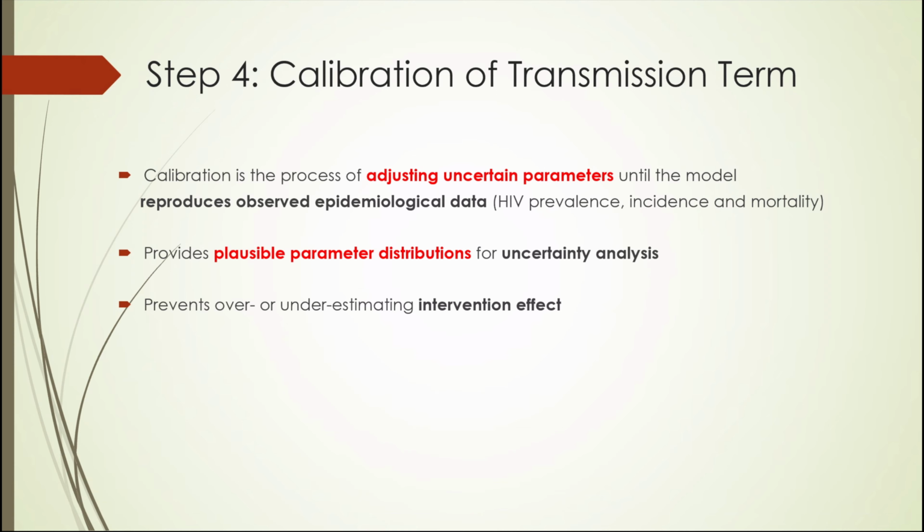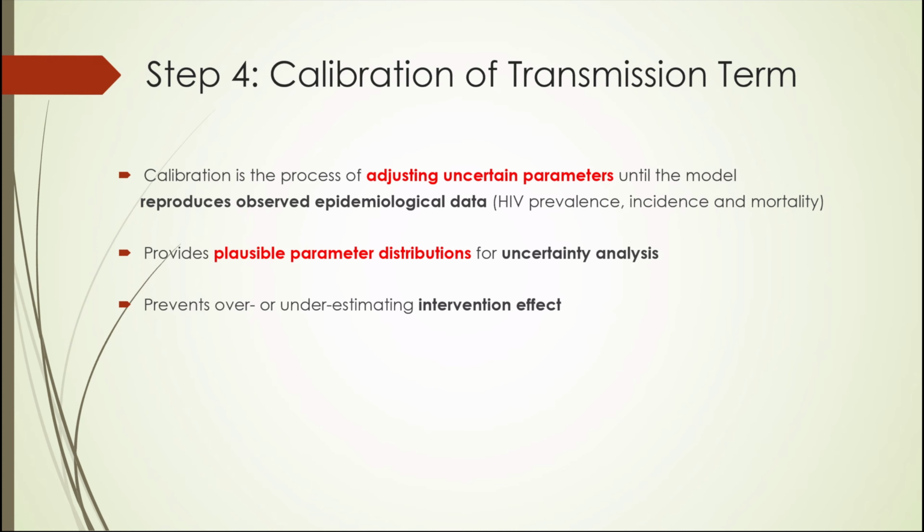The next step is to calibrate the transmission terms that we have developed, and that's when we want to adjust those uncertain parameters until the model reproduces observed epidemiological data. Given all the parameters of the model, are we seeing the same HIV prevalence and incidence and mortality that is happening right now?